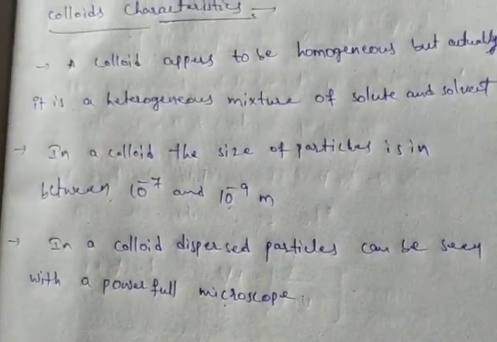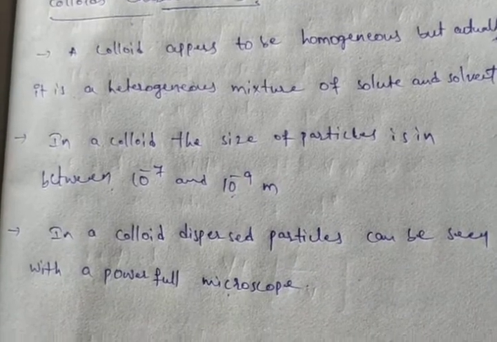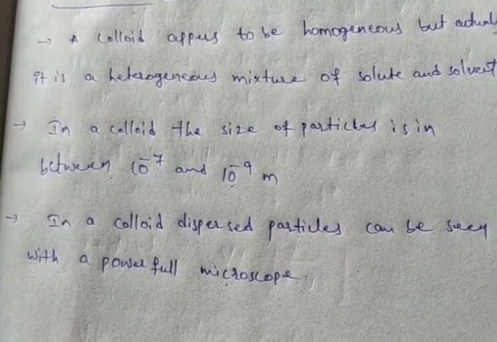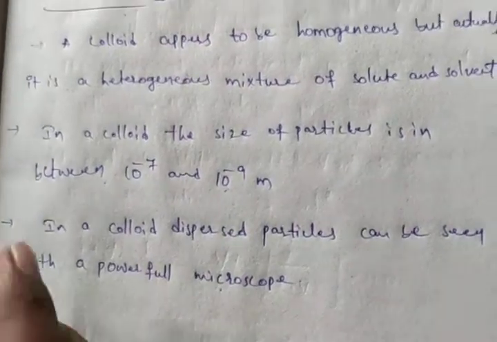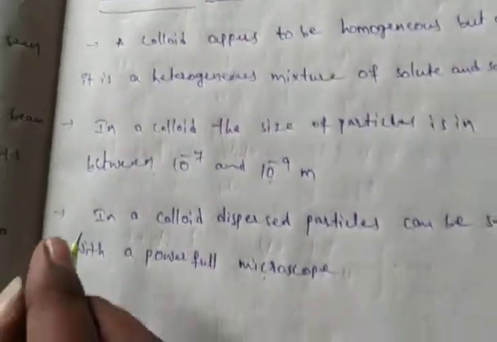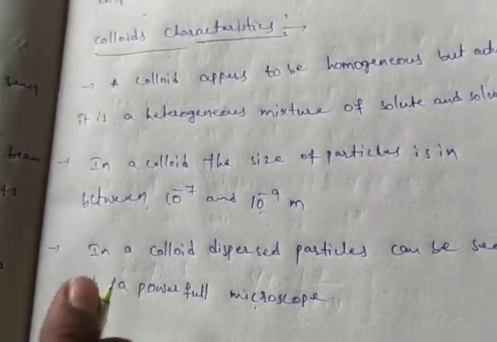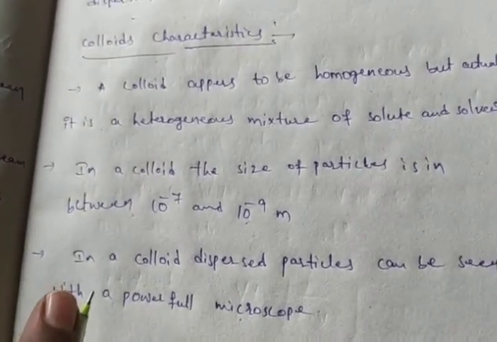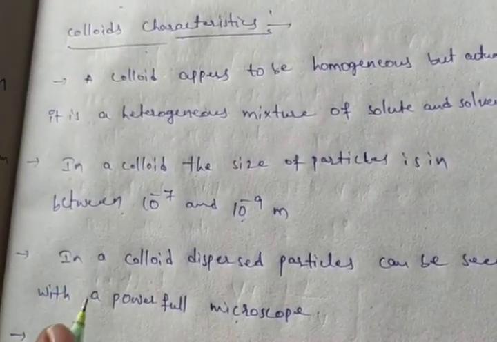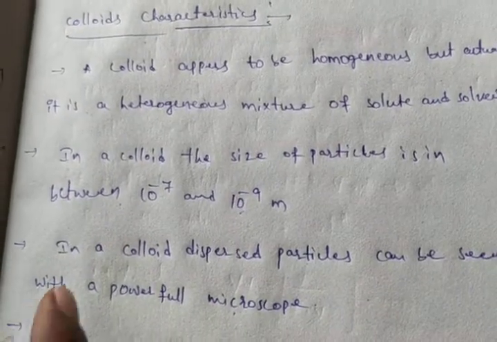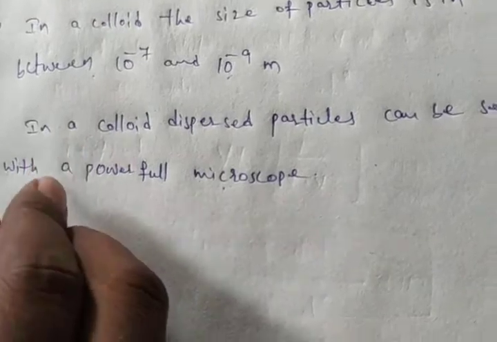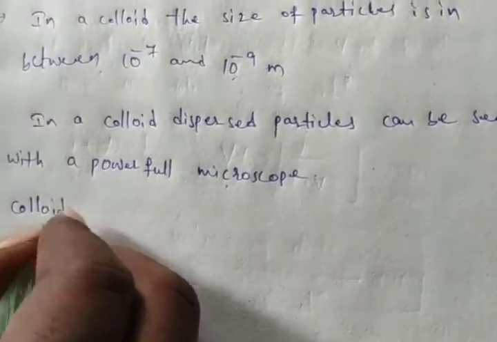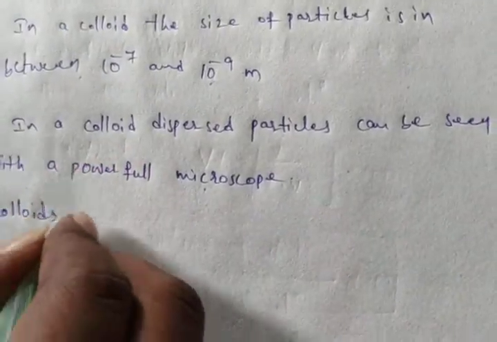Colloid particles scatter a beam of light passing through it and make its path visible. This is called the Tyndall effect. What is the Tyndall effect? The path of the scattered light beam becomes visible. Suspended particles also show the Tyndall effect, and in the same way, colloids also show it.